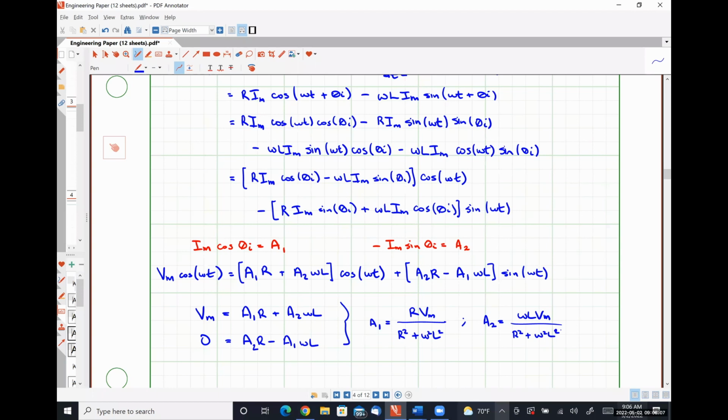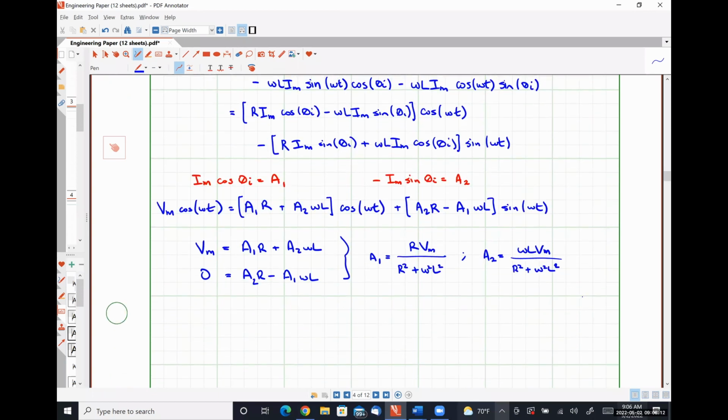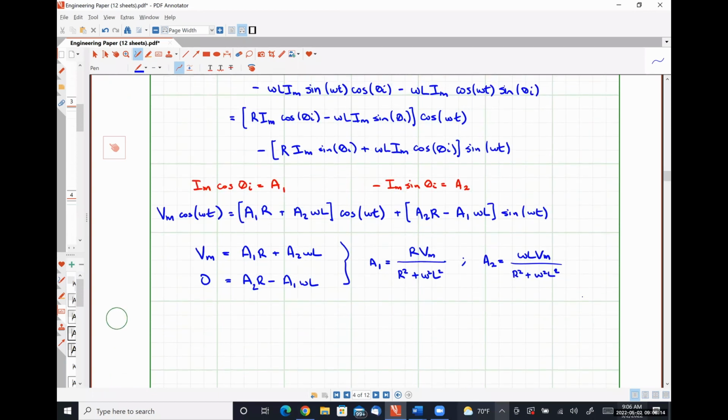Our goal here, now that we know what A1 and A2 are, is to figure out a way to convert our current back into a single sinusoid where its amplitude is expressed in terms of our component values, and its phase angle is also expressed in terms of our component values.